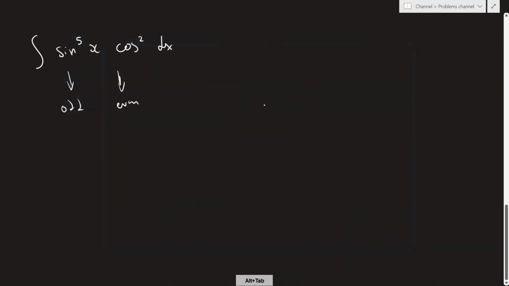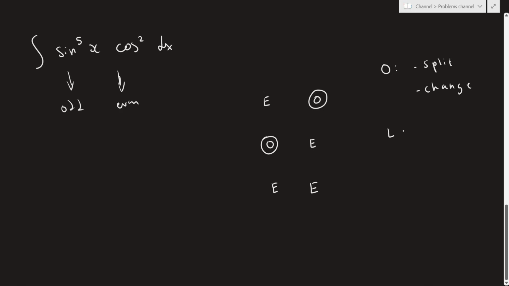Start with even, odd, then odd, even, then even, even, just like the formulas that I've shown you. Now, circle the odd, because these are the ones that we're going to split first and then change. You're going to understand in a bit. While the even are the ones that we're going to take as u. We're going to substitute them as u.